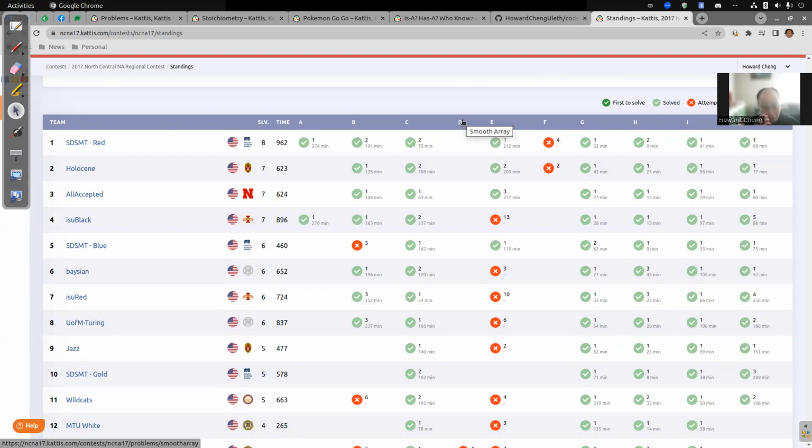So I want to spend time talking about the other three, which are Stoichiometry, which is A, Pokemon Go Go, which is B, and then this one, Has A Who Knows A. Is it H or E?